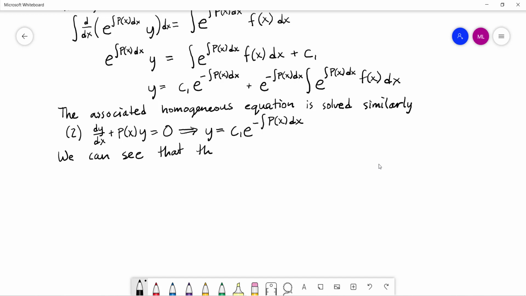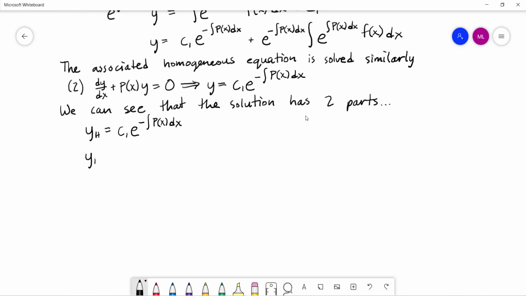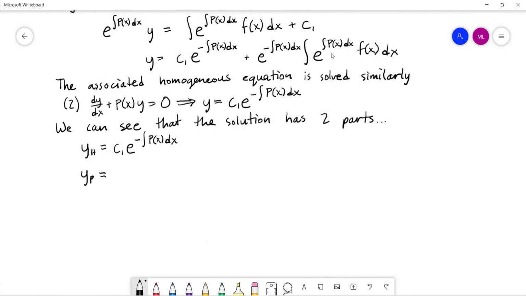So we can see that the solution has two parts. We have the homogeneous solution, which is the one that we just found here for equation 2. It looks like c1 e to the negative integral of p of x dx. And then we had the particular solution, which looks like this other big hideous part here.